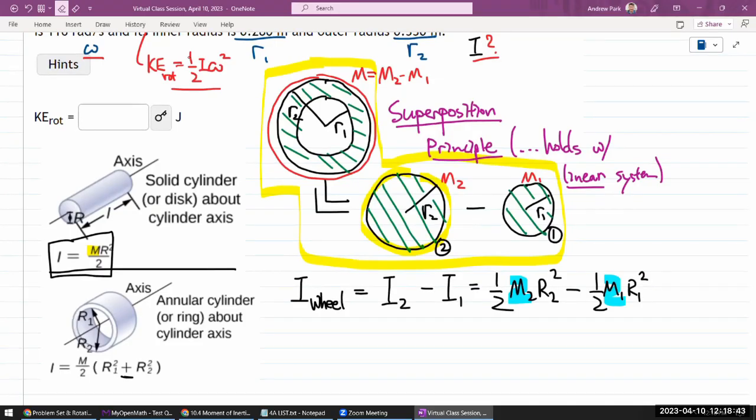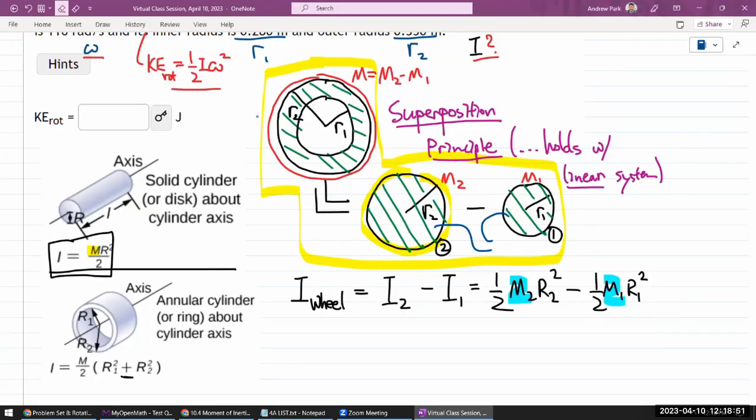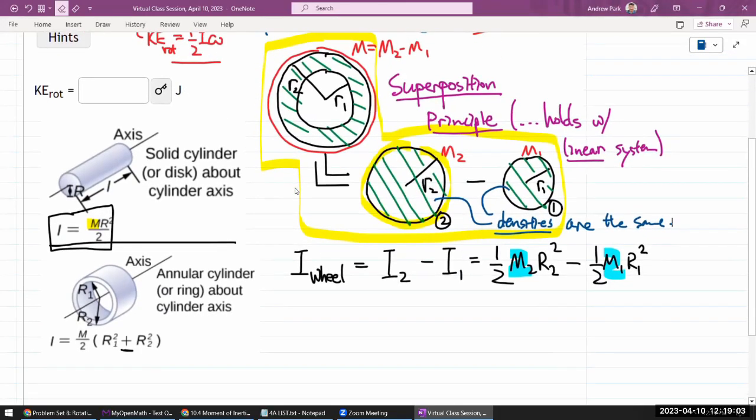So let's think of a way to write this out. For this superposition principle to hold, we need to be able to say that both of these objects have the same density. We haven't technically covered densities yet, but you can get some intuitive sense of what we'll use as our operational definition of density for this question: the total mass, for example M2, divided by the total area, pi r2 squared.